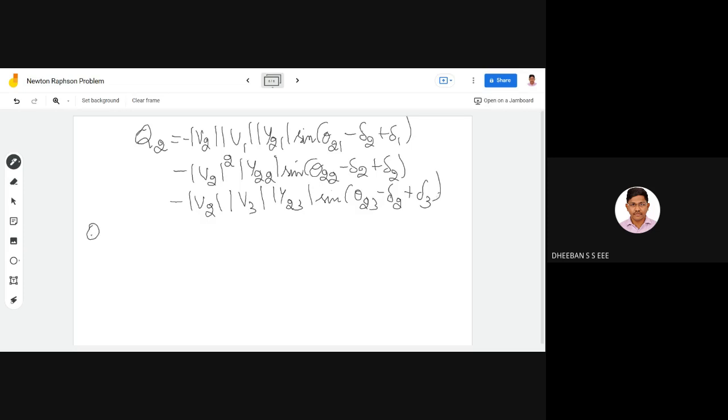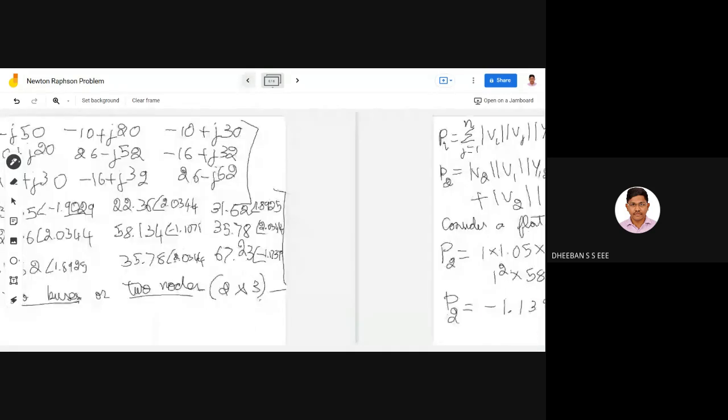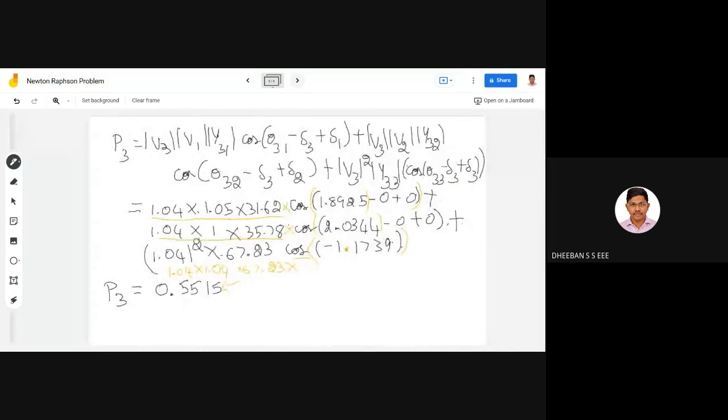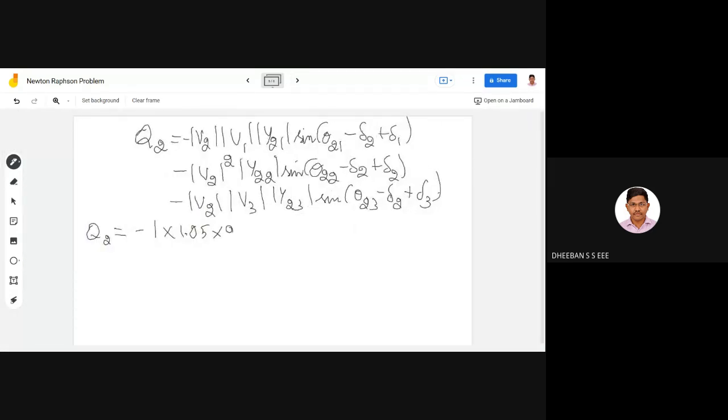Okay, so now we'll be substituting the values. Minus V2 will be 1 into, for V1 it is 1.05, and for Y21 it is this value, 22.36, into sine of theta 21, it is 2.0344, minus del is 0, and it also comes out as 0. After this, minus V2 square is 1 square into Y22.